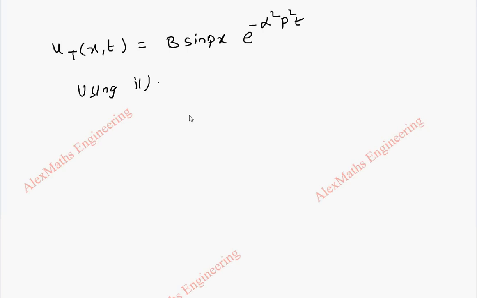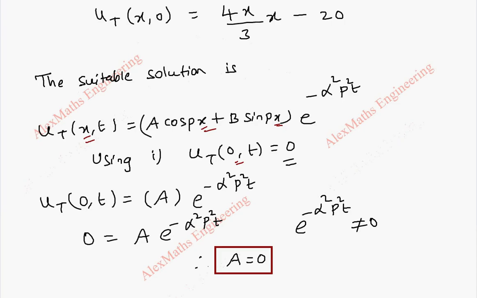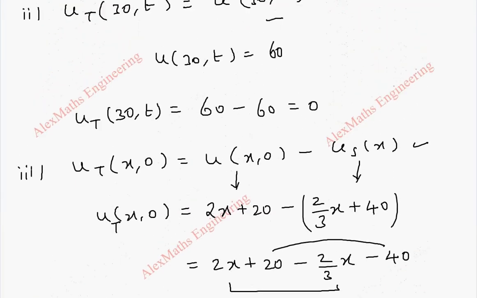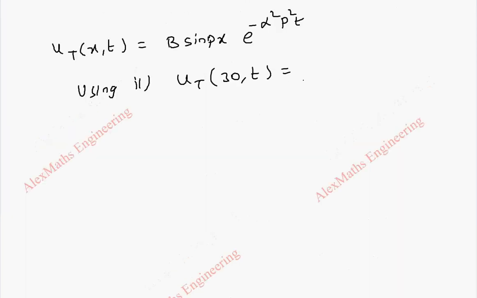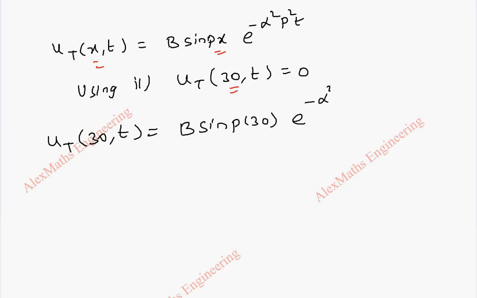So using the second condition, u(30, t), what is the condition? That is also 0. Wherever we have x, we have to substitute 30. So u(30, t) is B sin(p·30) e^(-α²p²t), and this is 0.